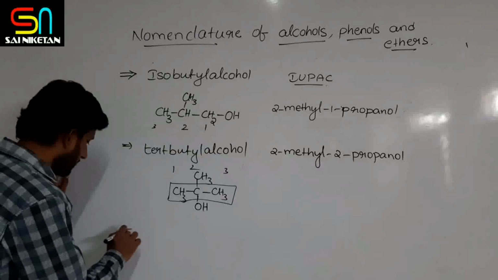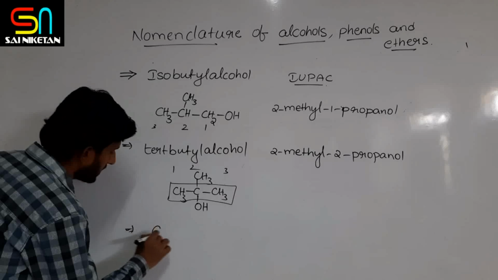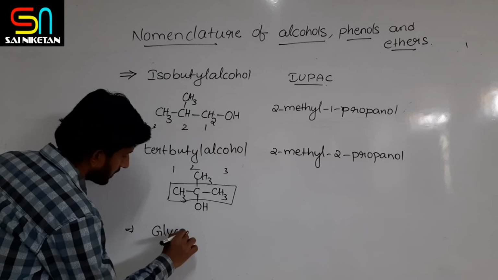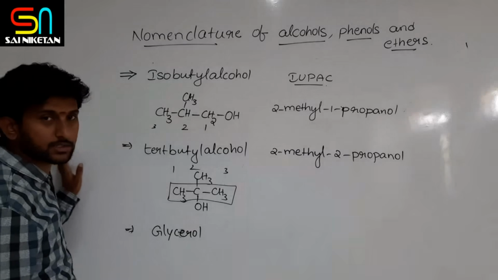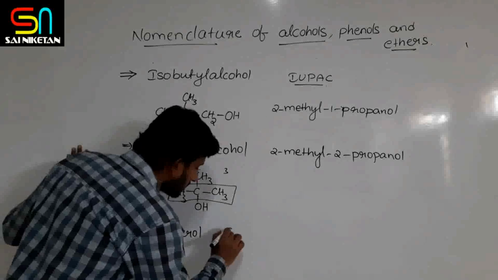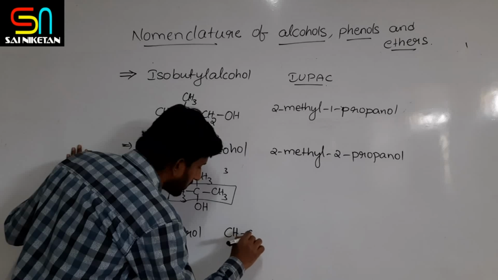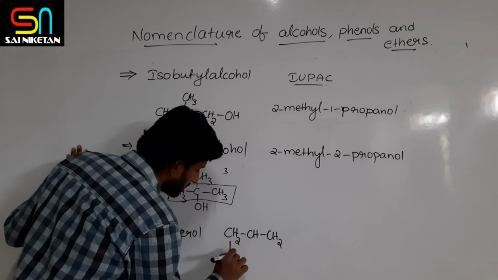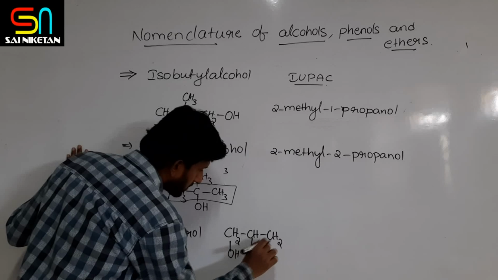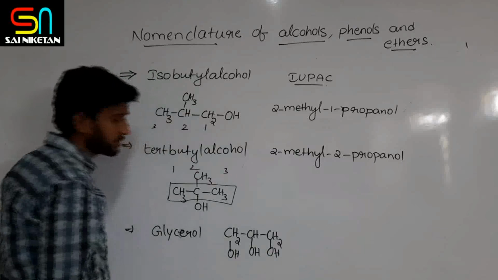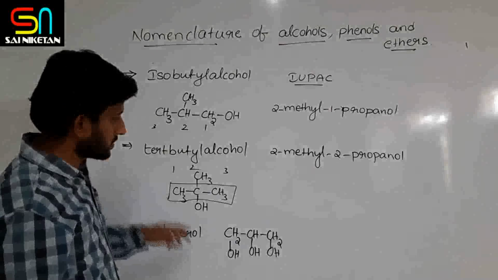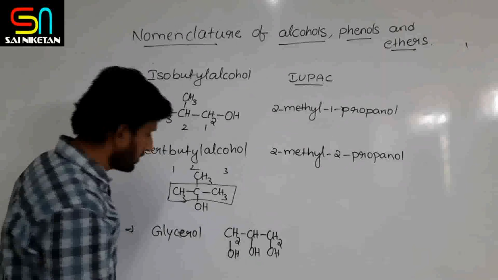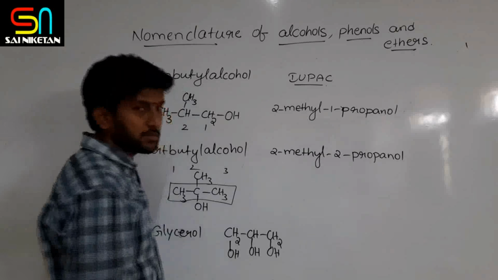Similarly, if I have a compound like, common name I am writing here, glycerol. What is the compound? This one, molecular structure is like this. OH, molecular formula is like this, 3 OH groups. So 3 OH groups are adjacent and it is a 3 carbon compound. Now what is the IUPAC name of this compound?